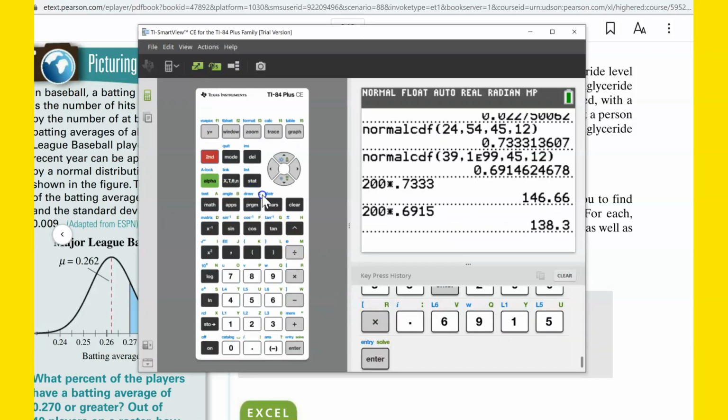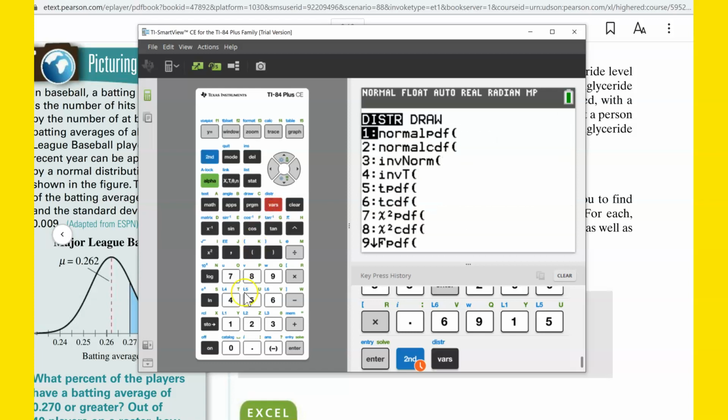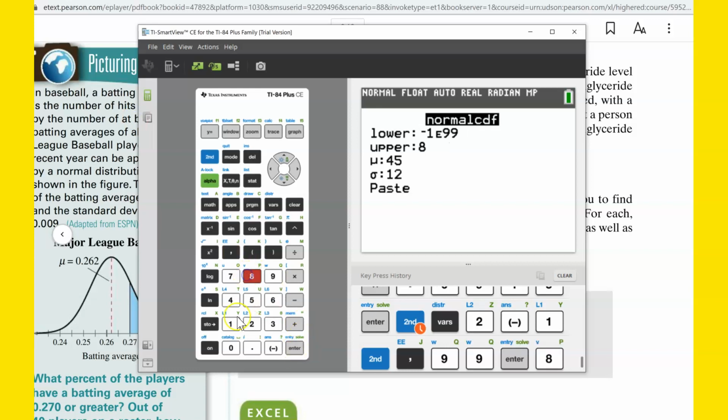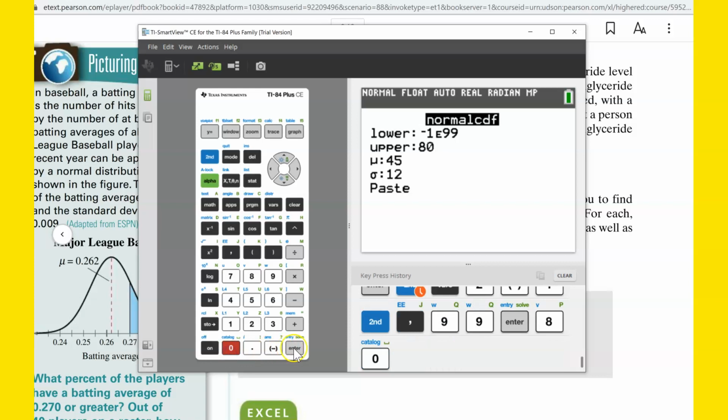Second, distributions, normal CDF. Since we're talking about being less than 80, what's the lowest we can be if we're less than 80? Negative 1e99. And the upper is 80. If we're less than 80, the highest we can be is 80.